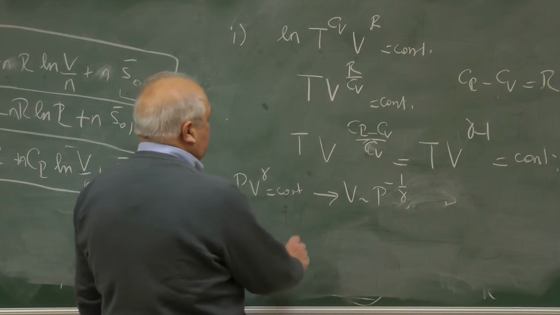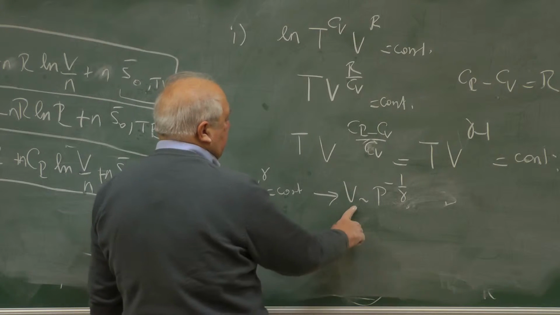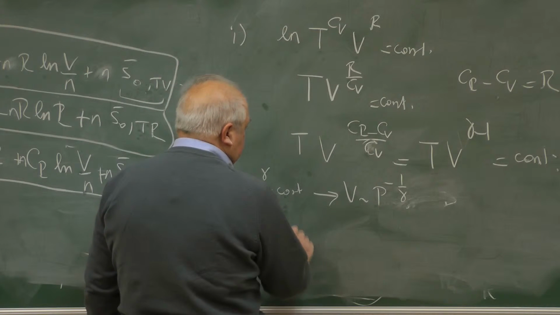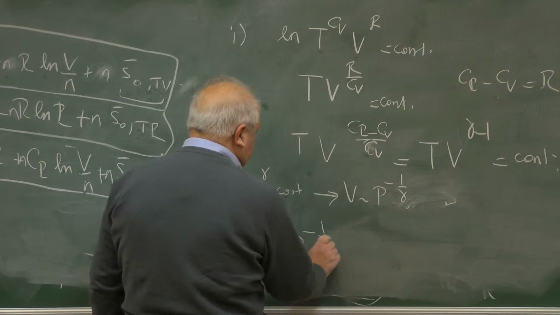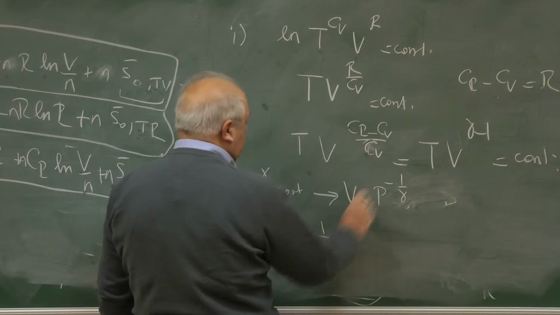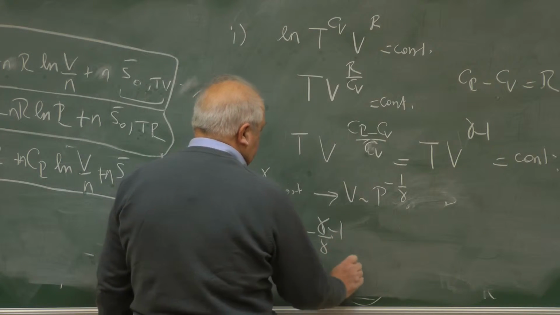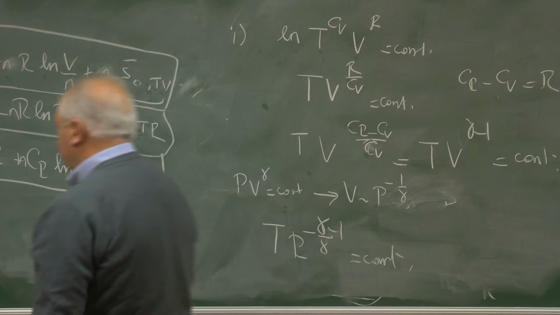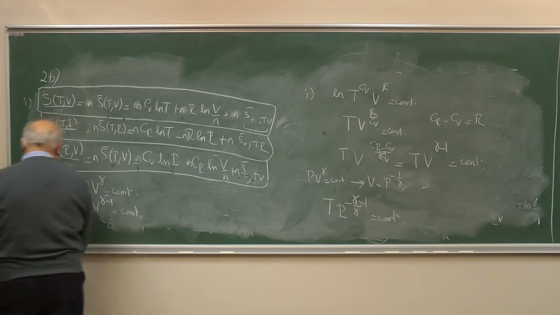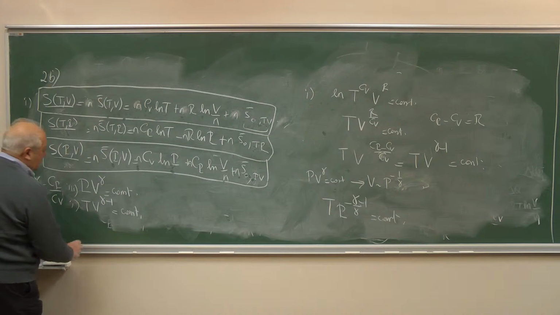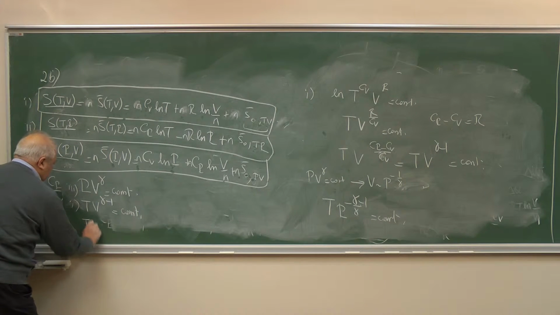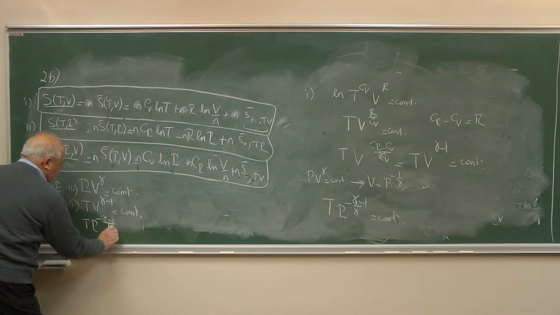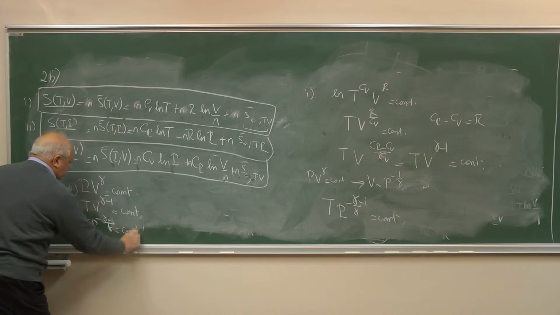So it is T, instead of V, I put that P to the minus 1 over gamma raised to the power gamma minus 1, is equal to a constant. So, finished. T P to the minus gamma minus 1 over gamma is equal to a constant.